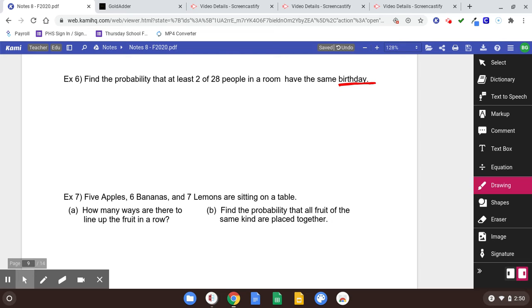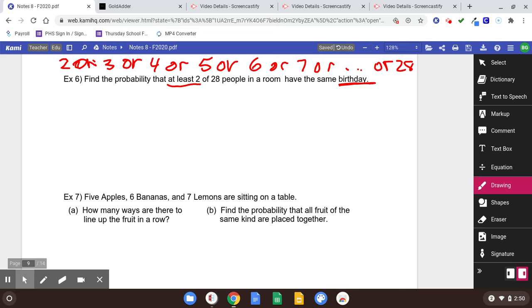So if you think about what it means when it says at least 2 people have the same birthday, it means that either 2 people have the same, or 3 people have the same, or 4 people have the same, or 5 people, or 6 people, or 7, or all the way up to all 28 people have the same birthday.